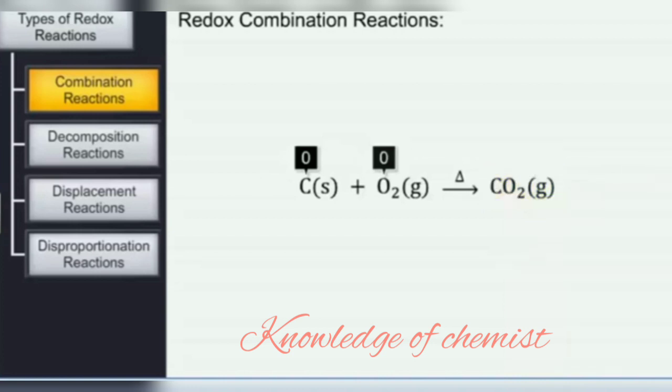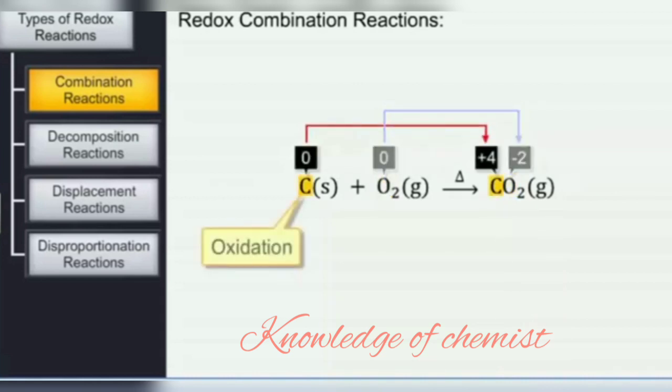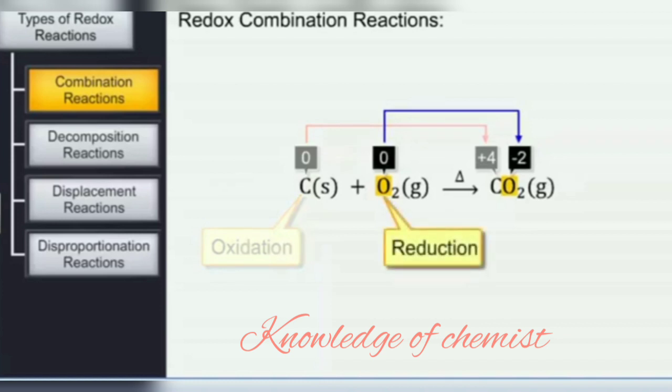The oxidation number of carbon becomes +4 and the oxidation number of oxygen becomes -2. Here carbon undergoes oxidation and its oxidation number increases from 0 to +4. Simultaneously, oxygen undergoes reduction as its oxidation number decreases from 0 to -2.